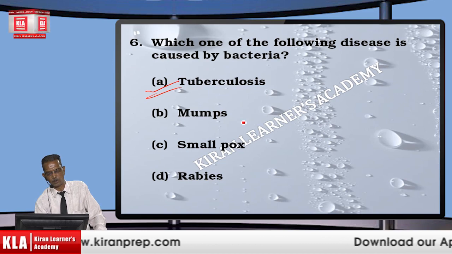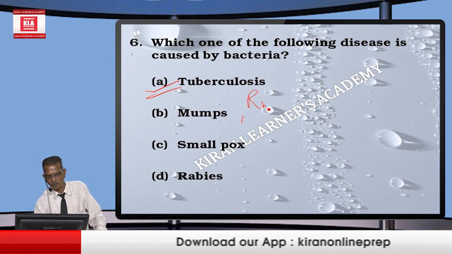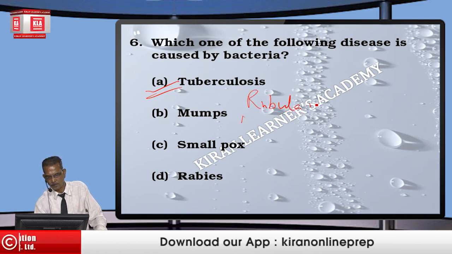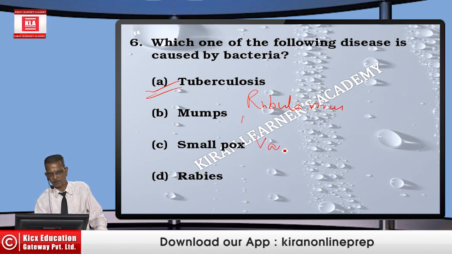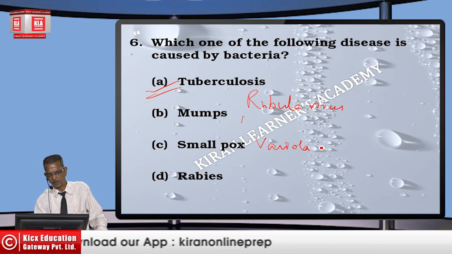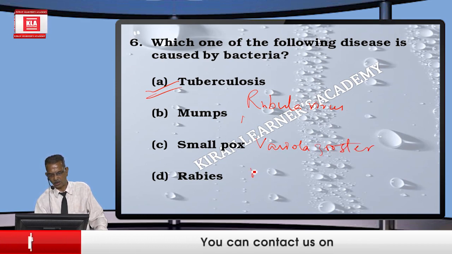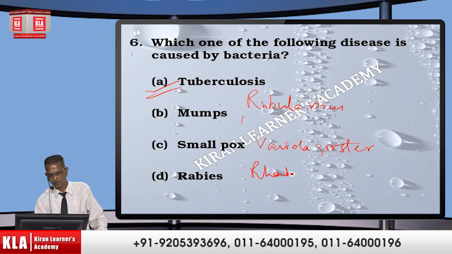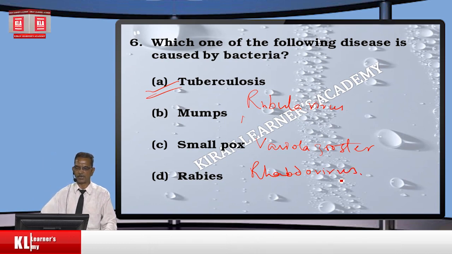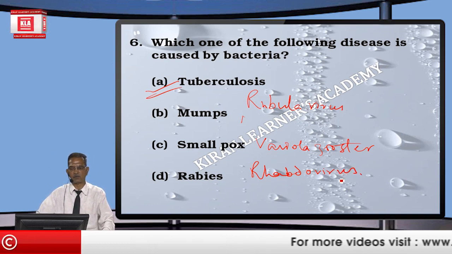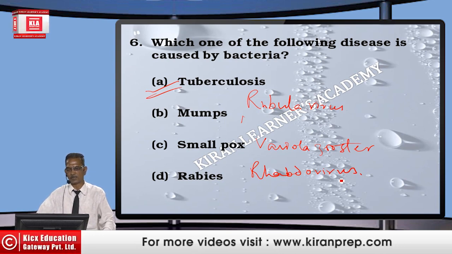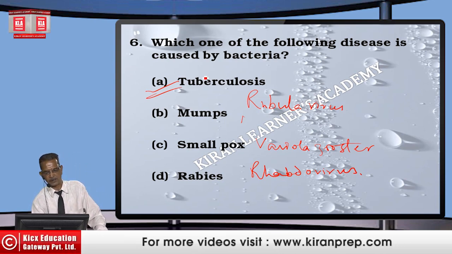Mumps is caused by rubella virus. Smallpox is varicella zoster. Rabies is called rhabdovirus. So these are the last three. Mumps, smallpox and rabies are caused by viruses. Tuberculosis is the one that is caused by bacteria called Mycobacterium.